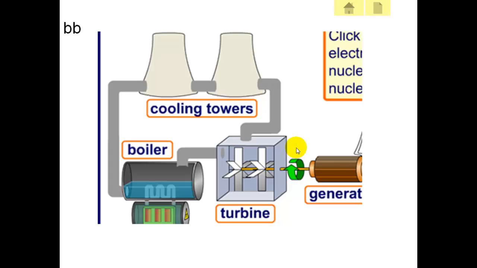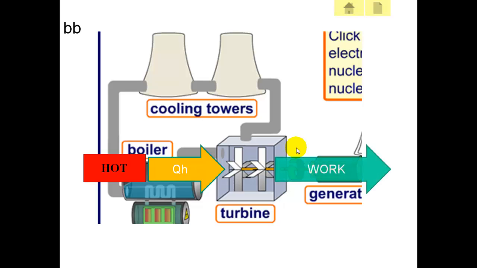On a lighter note, when we have a power station, this is the same thing. We have a hot source, which in this case is a nuclear reactor that provides thermal energy to make the engine work. It's basically a turbine. And that does work, and that causes a generator to produce electricity.